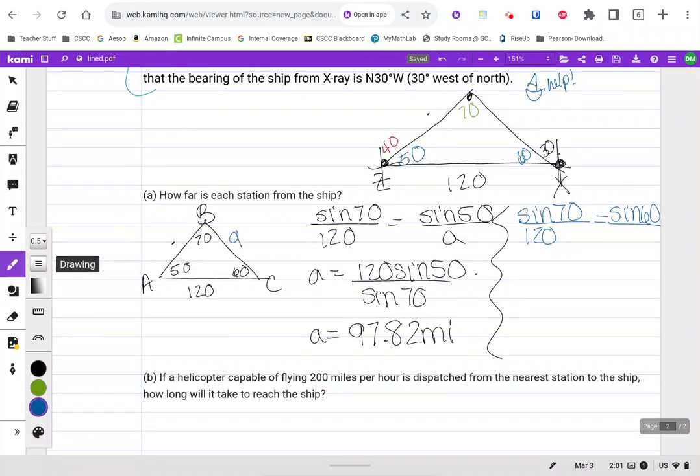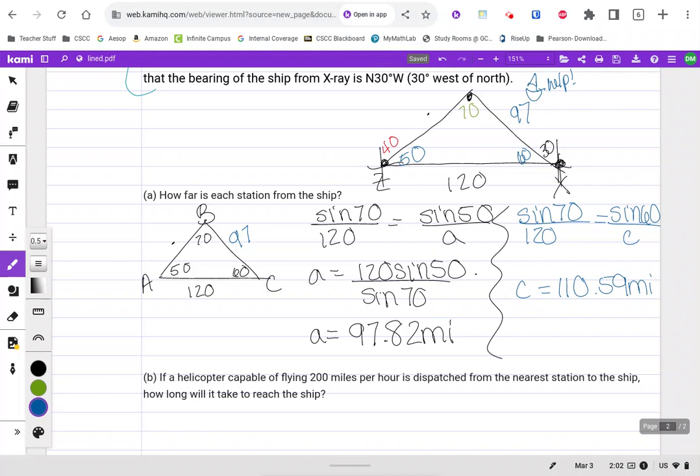This is 97, because remember, Zulu is over here. All right, so sine of 60 is going to be over whatever C is. So C ends up equaling 110.59 miles.